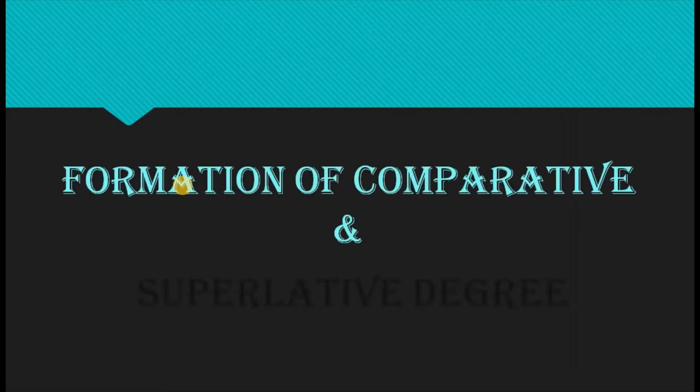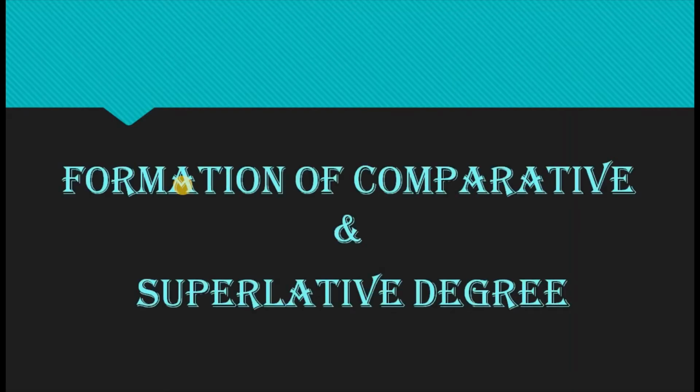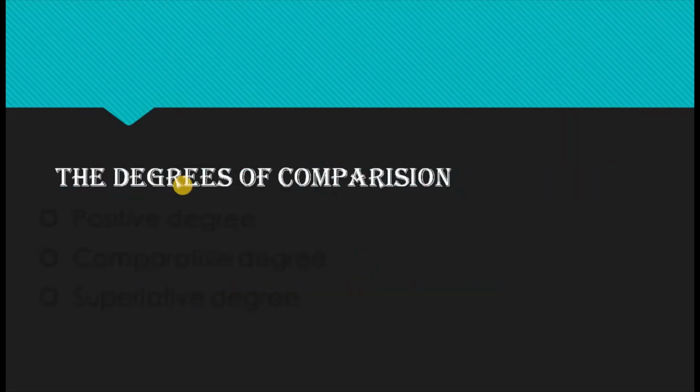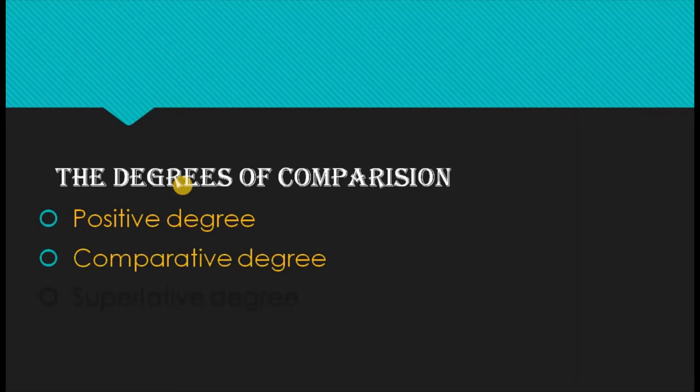In this session, we are going to study the formation of comparative and superlative degree. As I had already explained to you the 3 degrees of comparison: positive degree, comparative degree and superlative degree.